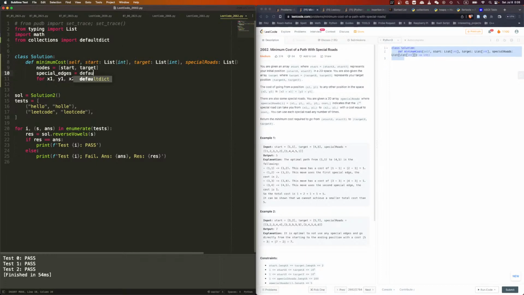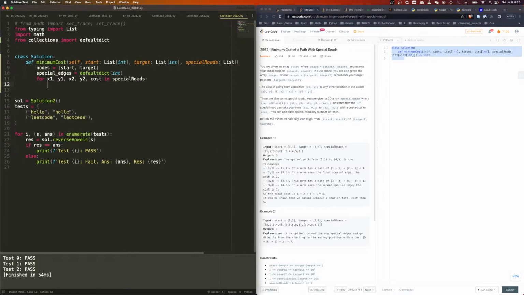Okay, so we do a default dict of int, and in special roads, we say if abs(x1 minus x2) plus abs(y1 minus y2) is larger than cost... if it's smaller than, there's no point putting it into the nodes, right? That's basically the idea.